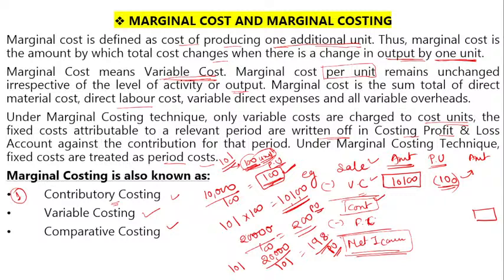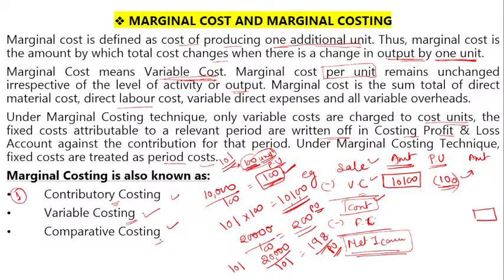So there is a possibility of a decrease. It will affect the amount of the variable costing, not the per unit variable costing.